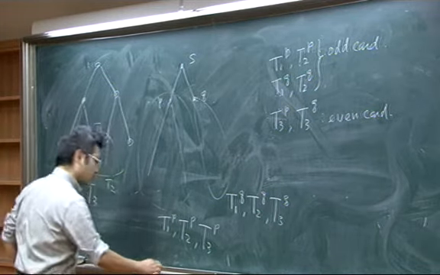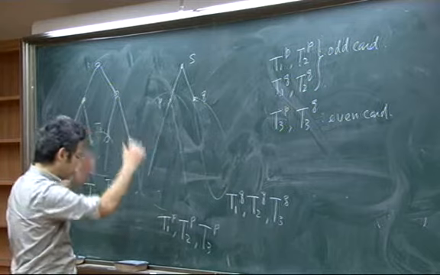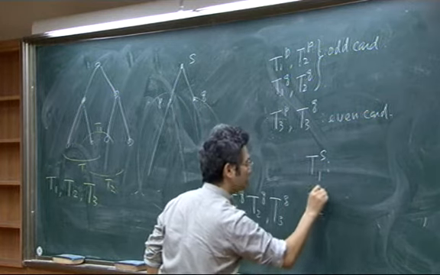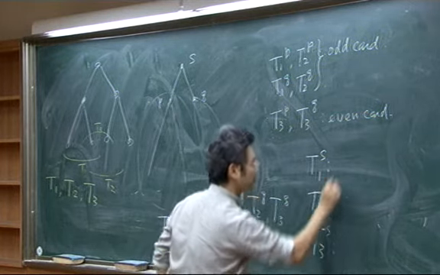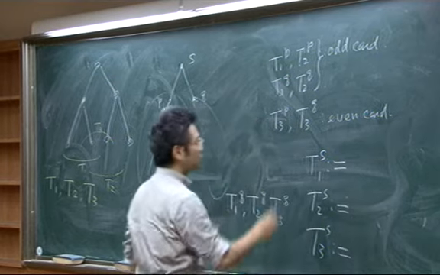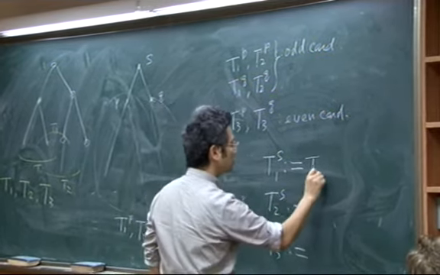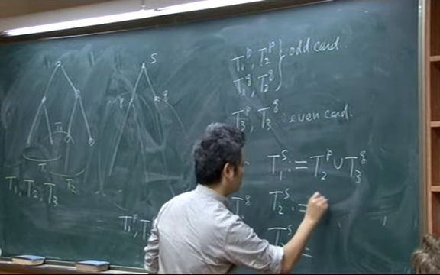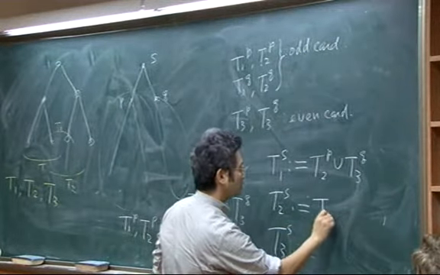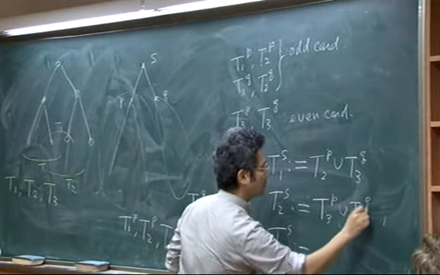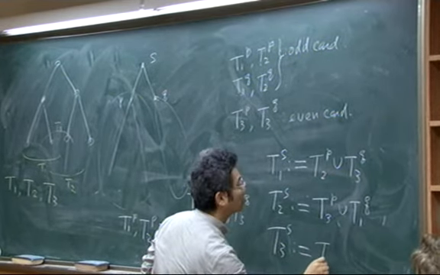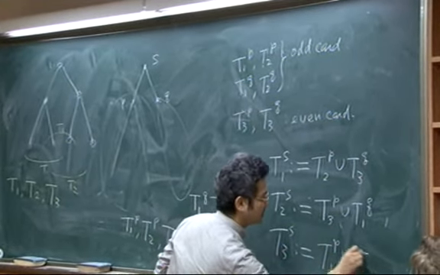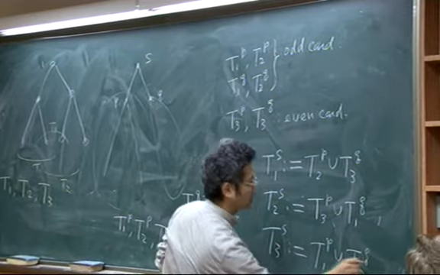Now we can think of the tree below S. To construct it, I should define T1S, T2S, and T3S in such a way that T1S is T2P plus T3Q, T2S is T3P plus T1Q, and finally T3S is T1P plus T2Q.